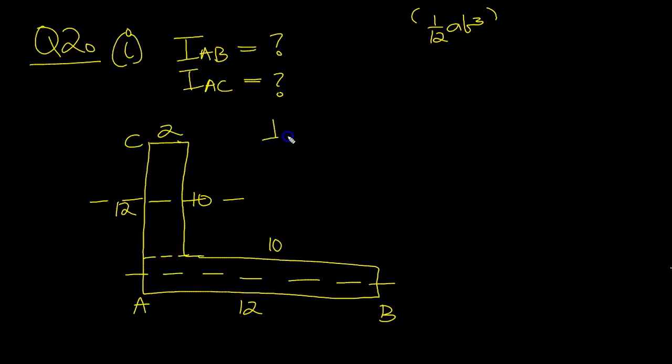So IAB will equal, for this segment here, the I for AB on this rectangle is 1/12 AB cubed. Now A would be 12, wouldn't it? Times B, sorry, 2, isn't it? 2 cubed.